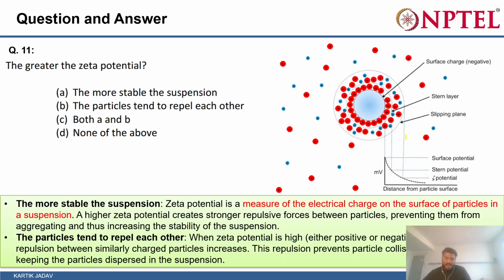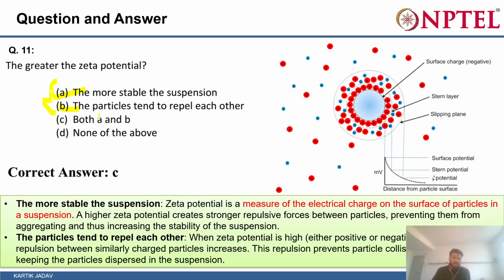So a higher charge around the particle ultimately attracts different kinds of positive and negative ions, and it ultimately increases the stability. So the correct answer is option C, that it is a more stable suspension and particles tend to repel each other.